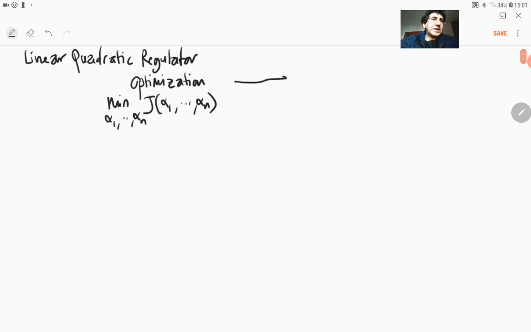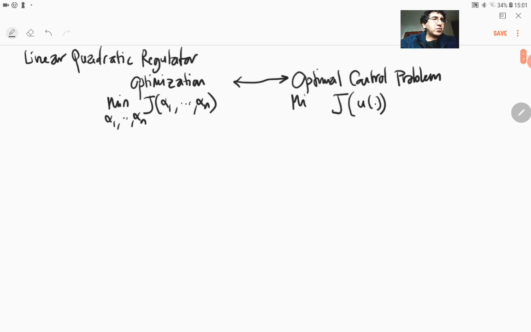Now, in contrast, when we have an optimal control problem, we again have an objective function, but this time the objective function is not a function of a number of variables, but is a function of another function. So again, we want to minimize or maximize that with respect to a function.